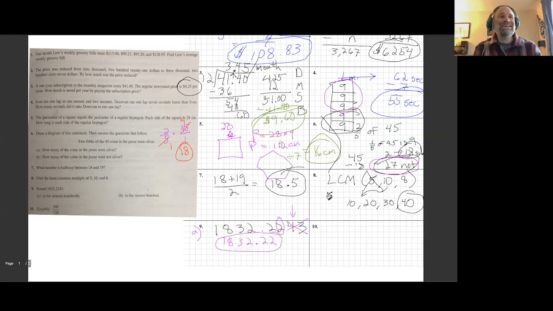So B is different. It's still the same number, so I'm going to rewrite the number here, 1832.2243. And then I'm asked to round to the nearest hundred. Well, 8 is in the hundreds place. The hundred is 3 over from the decimal. So I'm looking at that 3 to help me decide how to round this.